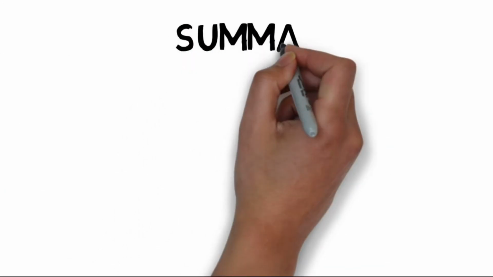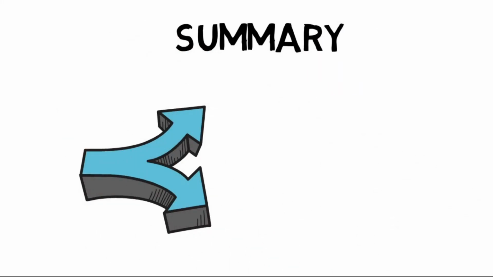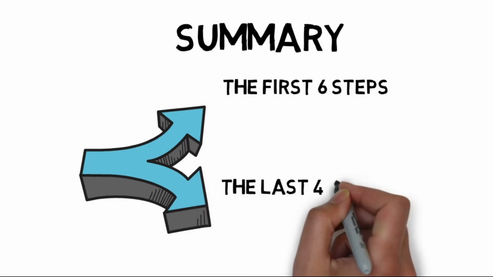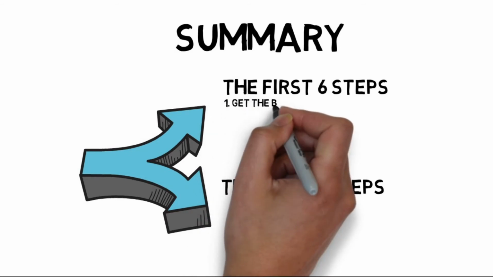To sum it up, there are 10 steps to learn anything quickly, which we divide into the first 6 steps, which you do only once, and the last 4 steps where you repeat it each module.